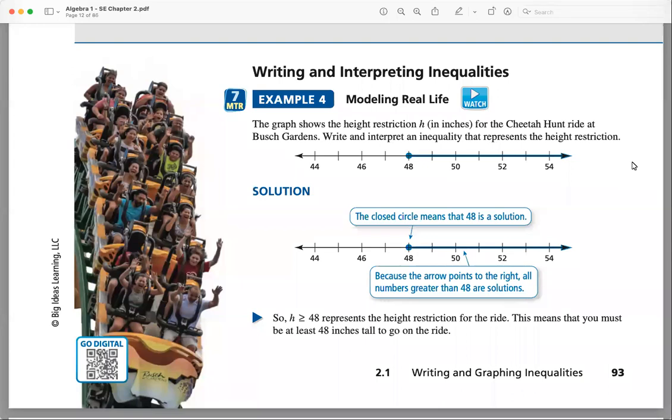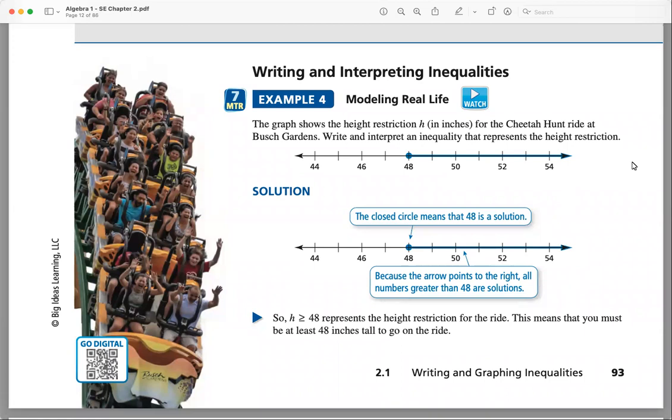On the next section, we have writing and interpreting inequalities, modeling real life. So the graph shows the height restriction in inches for the cheetah hunt right at Busch Gardens. Write and interpret an inequality that represents the height restriction. Well, we know that it's a closed circle at 48, so that's the solution.